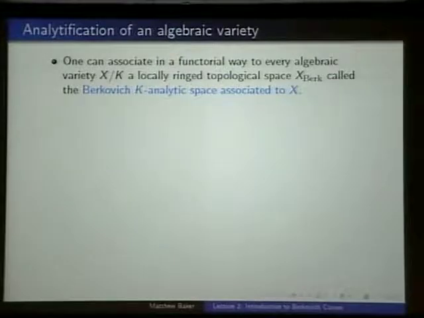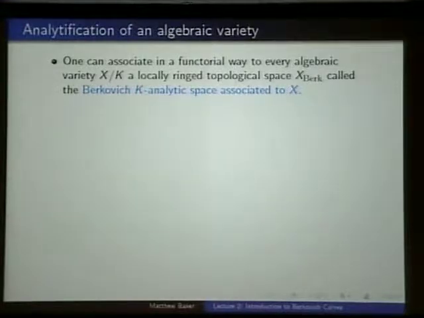And I wrote locally ringed topological space, but in fact you really should think of it not as a locally ringed space, but as a space with a different sort of structure, having a quasi-net or affinoid atlas on it, and hopefully Brian will talk about this.